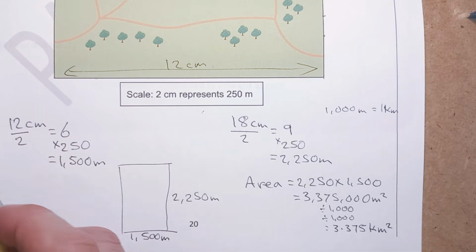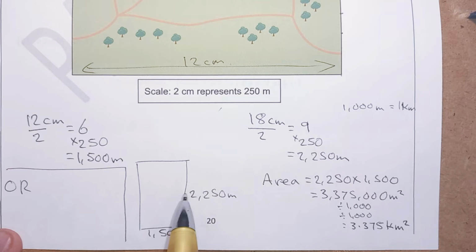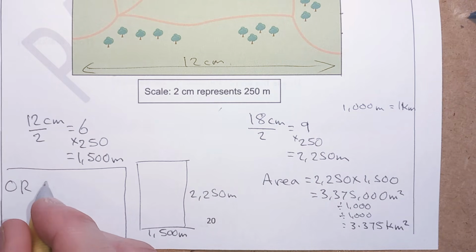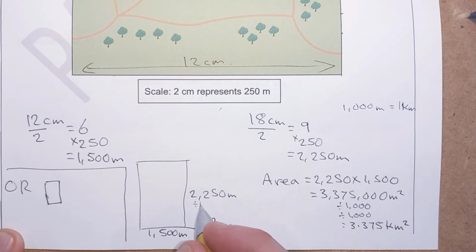What you could do, I'm going to do an alternative. This is probably better, to be honest, if you do it this way and say, well, I've still got my sketch, but I'm actually going to turn this into kilometres already. So let's divide this by 1,000.